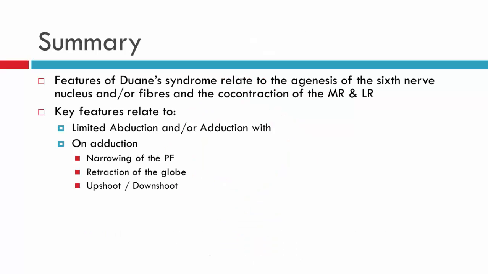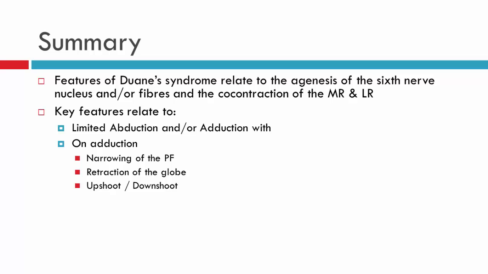In summary, the features that we see in a patient with Duane syndrome relate directly back to the etiology, to the agenesis of the sixth nerve nucleus and or its fibres, and to the co-contraction of the medial rectus and the lateral rectus. So, the key features we're looking for are limitation of abduction and or adduction.